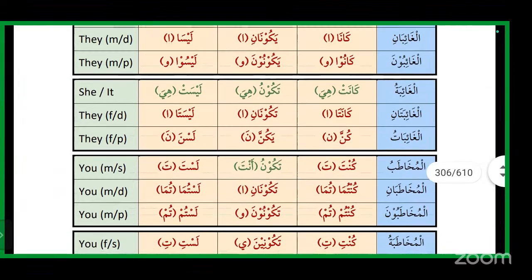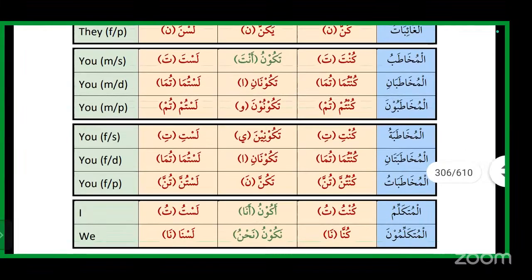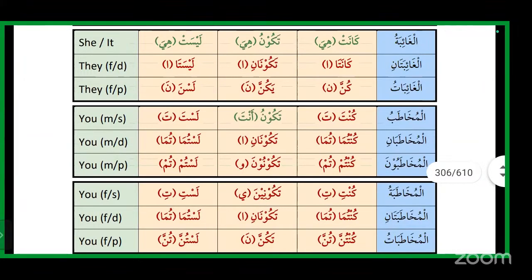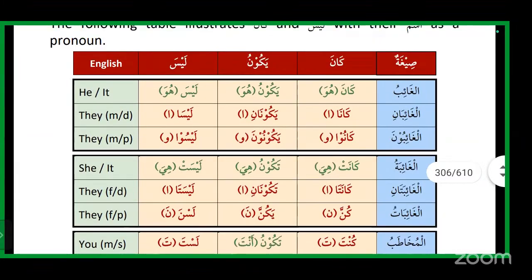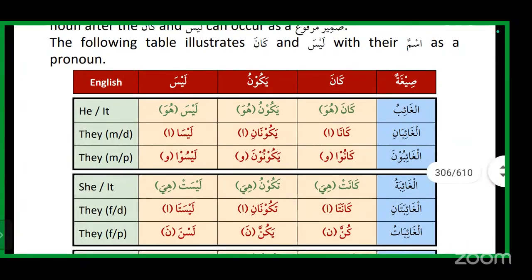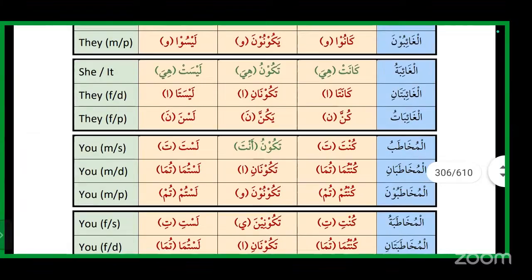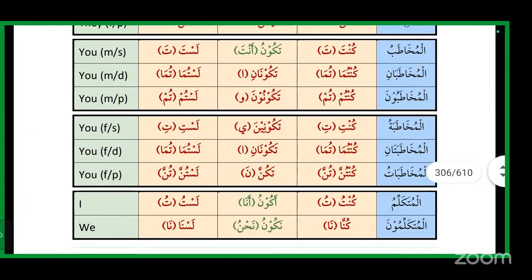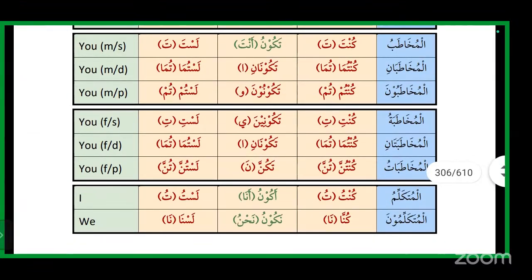For kana, we have 2 sigas with zamir mustatir, which are siga number 1 and 4, kana and kanat. For the middle column yakunu, we have 5 sigas that have zamir mustatir.